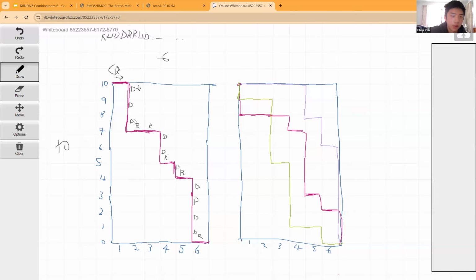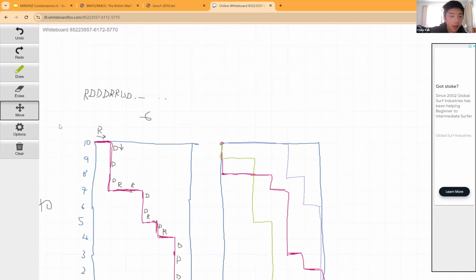You have 1, 2, 3, 4, 5, 6 rights, and 1, 2, 3, 4, 5, 6, 7, 8, 9, 10 downs, because you have to move 6 times to the right and 10 times down to get from the top left to the bottom right.